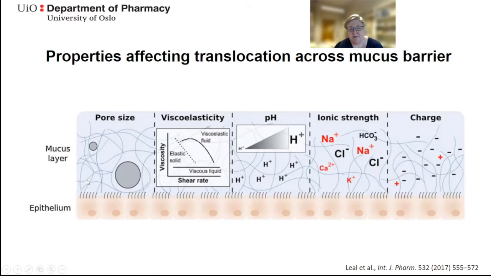And the pore size can be influenced by pH, for instance, and the ionic strength in the surrounding. And this creates a physical barrier. Also, interactions of molecules can happen with the mucins, and that can be, for instance, due to charges.